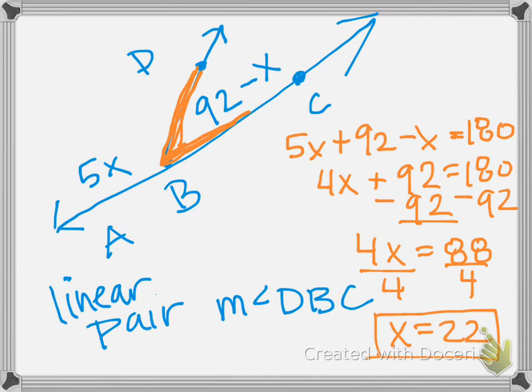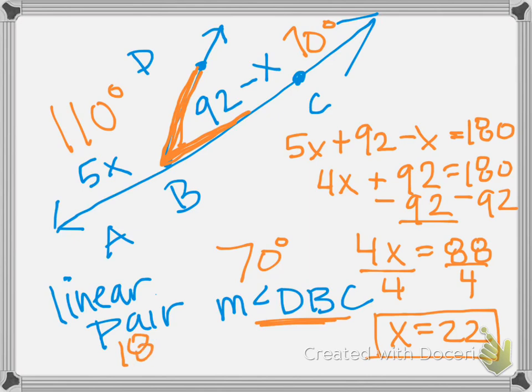So now if you want to find the angle DBC, you go 92 subtract 22, and that gives us 70 degrees. So this is 70 degrees. So ABD is 110. Lots of ways to check your work. 110 and 70 must equal 180. A linear pair adds to 180.